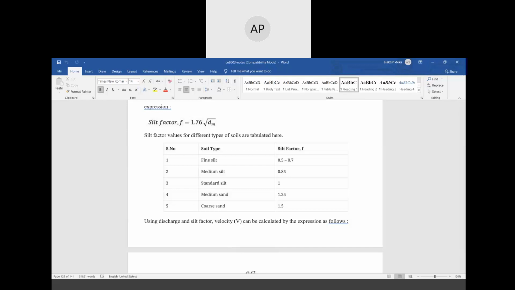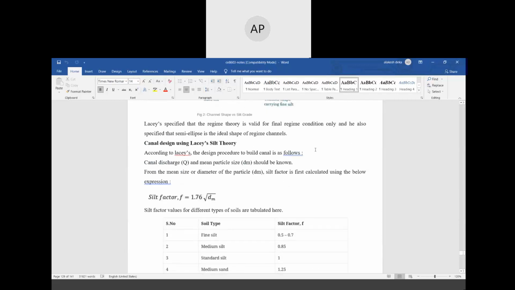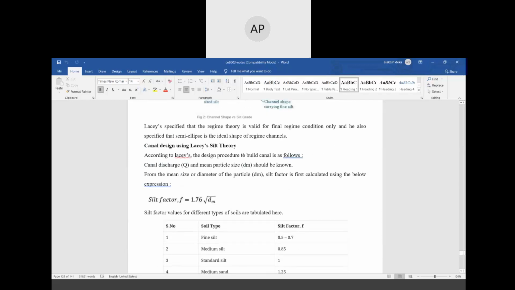So in Lacey's theory, what did we study? Canal design using Lacey's theory. According to Lacey's design procedure, canal design is as follows.